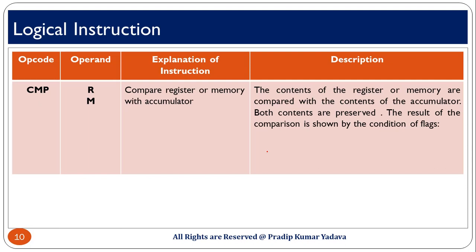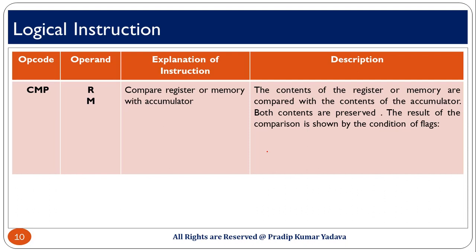In this case, the content of whatever register or memory is given with the instruction will be compared with the content of the accumulator, and the condition of the flags will tell us whether the content of the accumulator is smaller than, equal to, or greater than the given register.